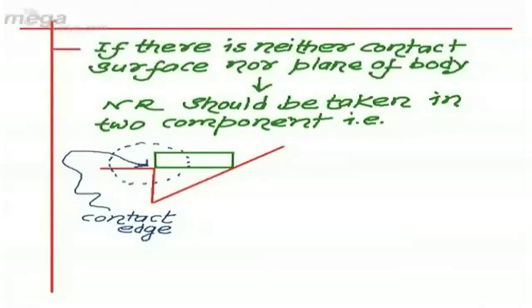And here the edge of the body is in contact with the edge of the surface. So it is edge to edge contact, and in this case anybody can be confused about which surface to consider as the plane of the body or which as the contact surface. So what will we do here?